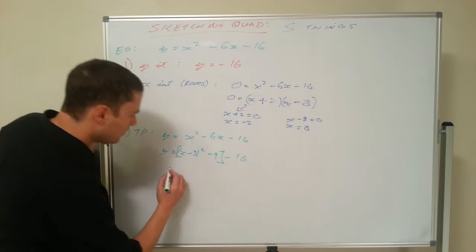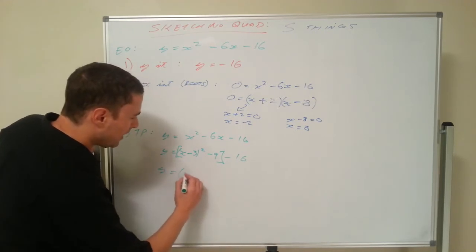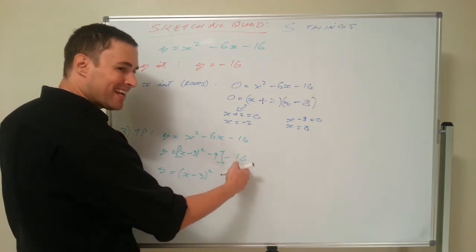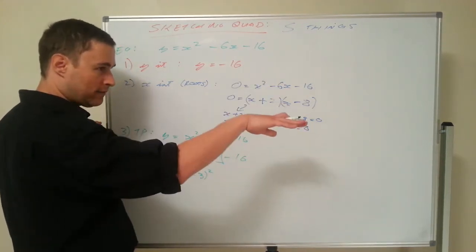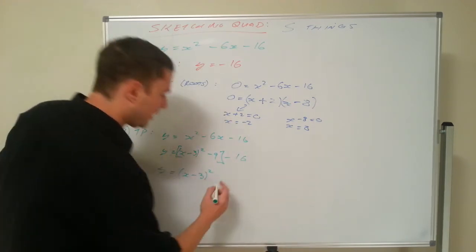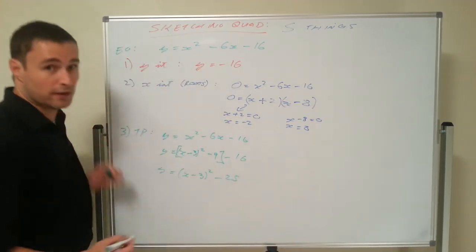Let's drop the brackets. So I've got y equals x minus 3 squared, minus 9 and minus 16. Negative 9, negative 16 is negative 25. Minus 25. Are you with me?